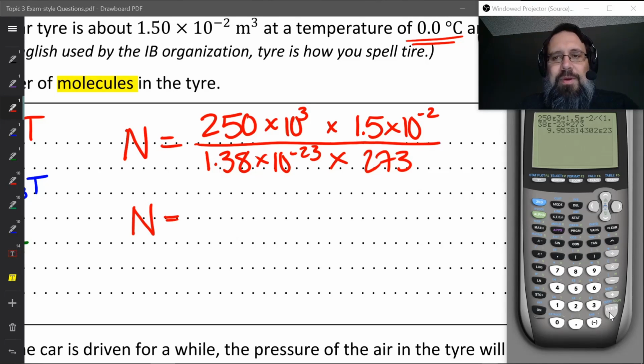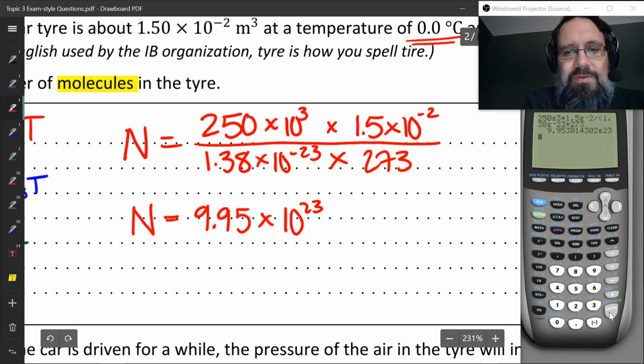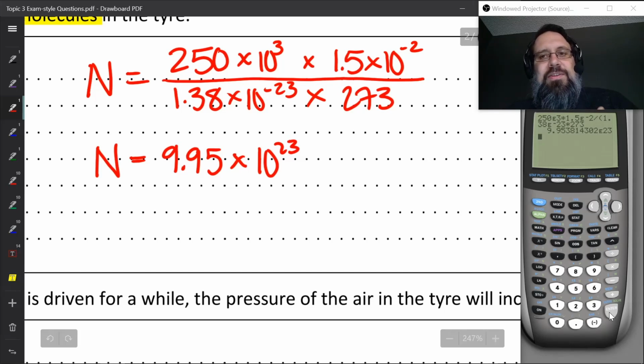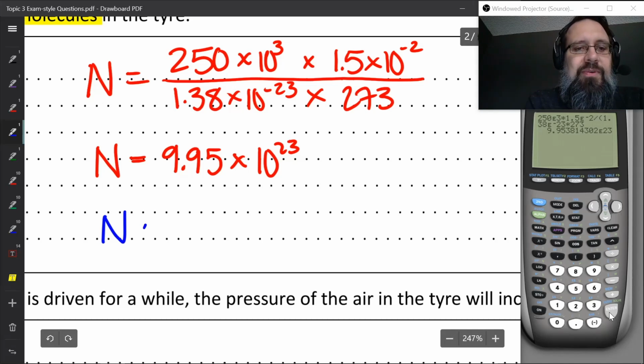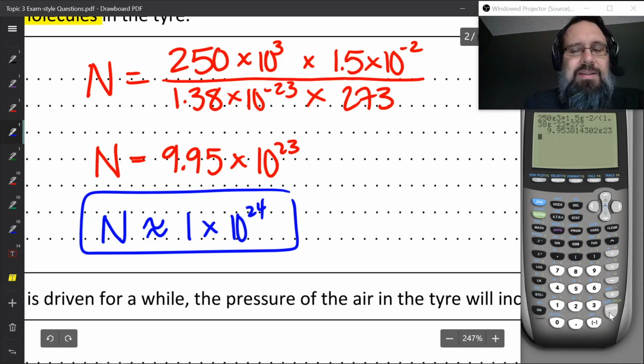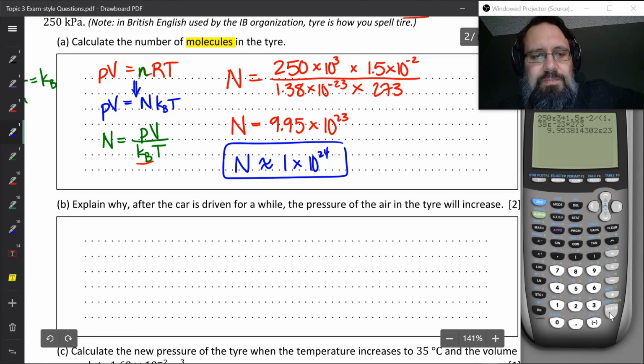We get 9.95 times 10 to the 23rd. And there are no units on this because it's just a number. There's no unit associated with this number. It's just a number that's been counted. So we could say that this is approximately 1 times 10 to the 24 number of molecules of air inside the tire.